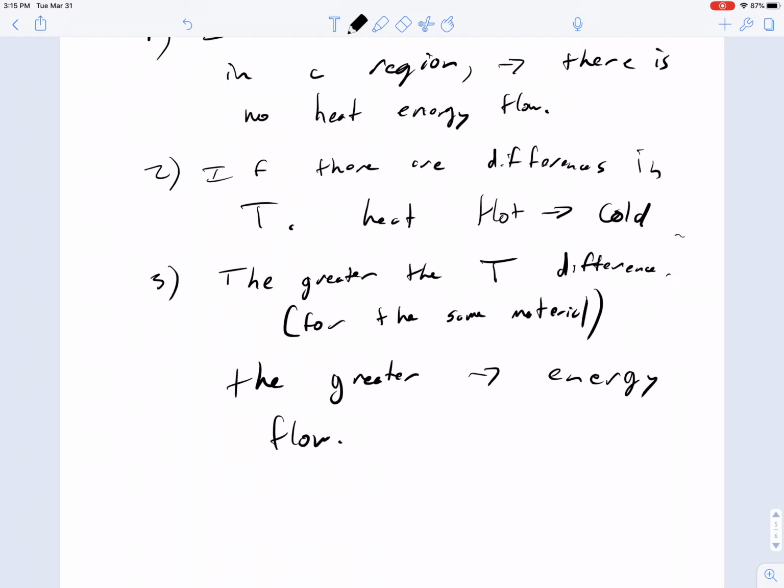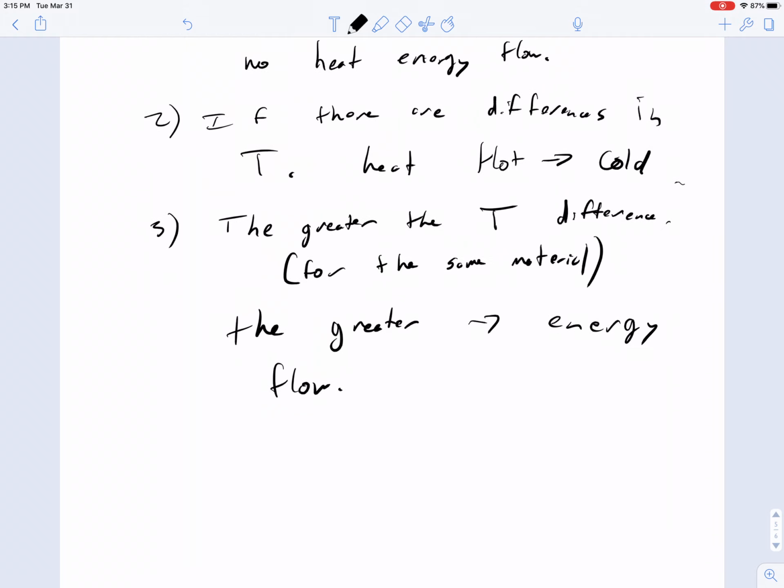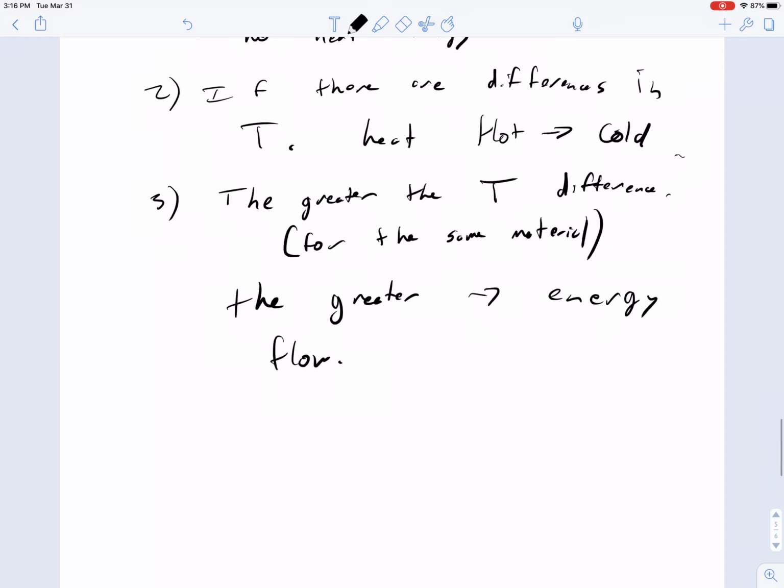Basically, if you have a big difference between hot and cold, the energy is going to flow much faster in that situation. There's also a much, much bigger gradient.